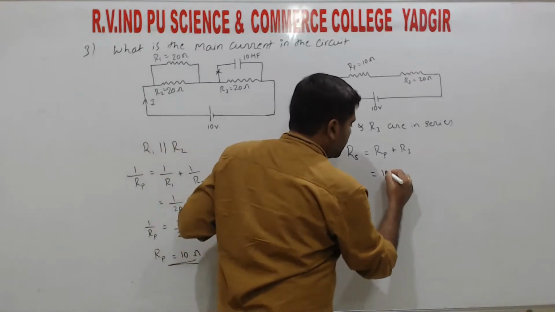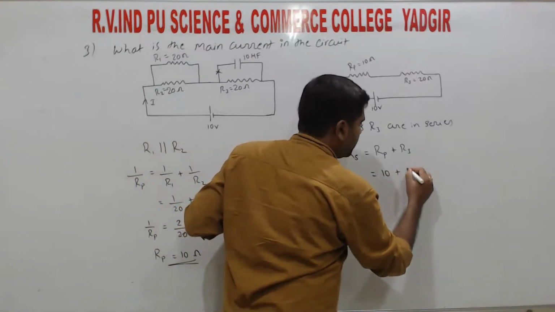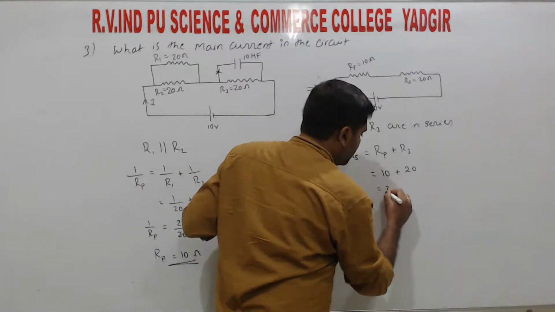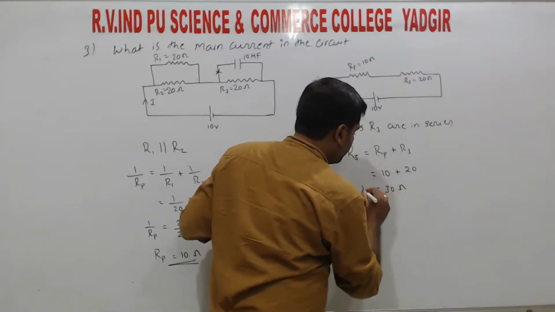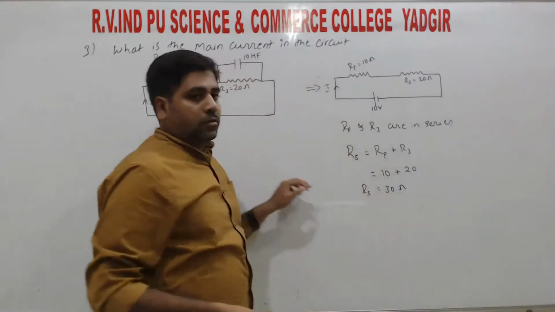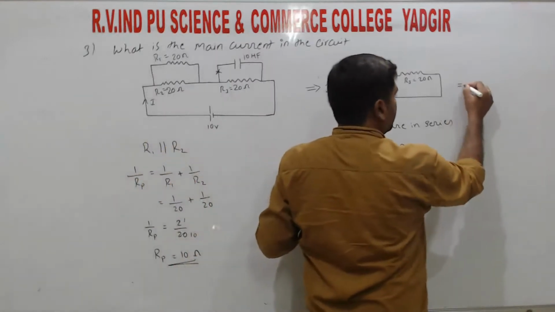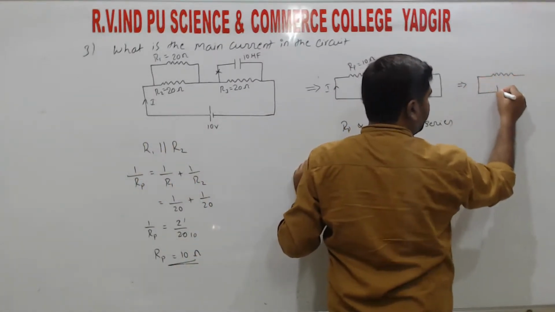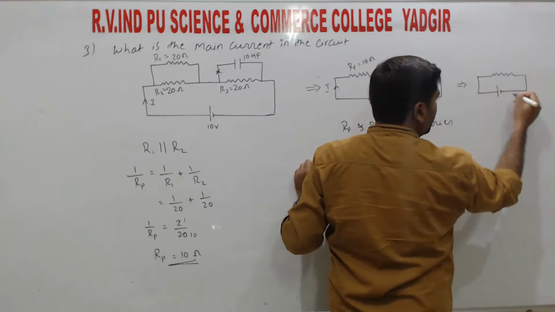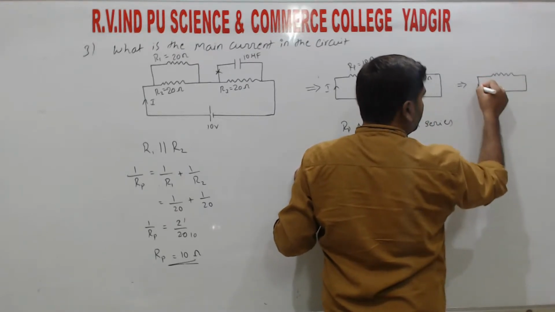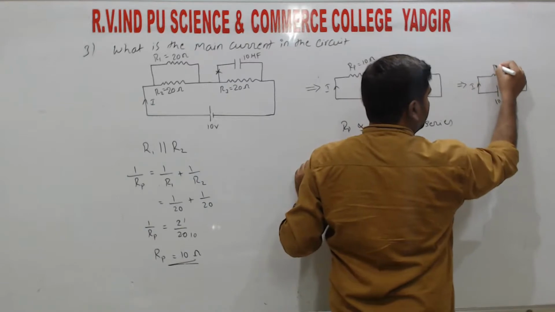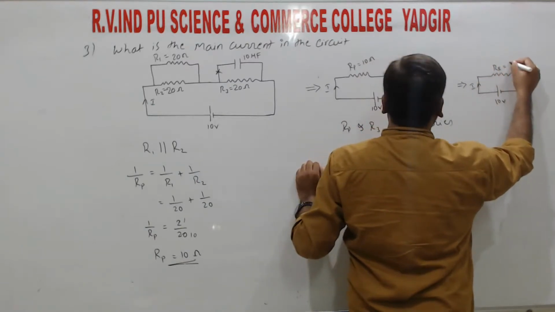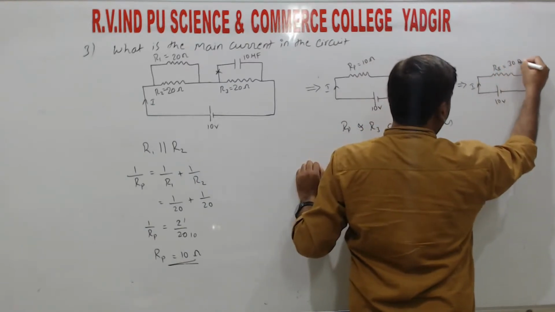So Rp is 10 plus R3 is 20, we get 30 ohm. So with 10 volt and current I, this Rs is equal to 30 ohm.